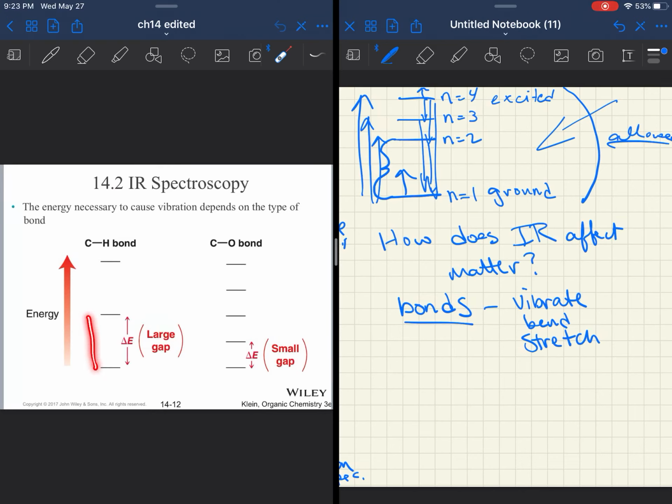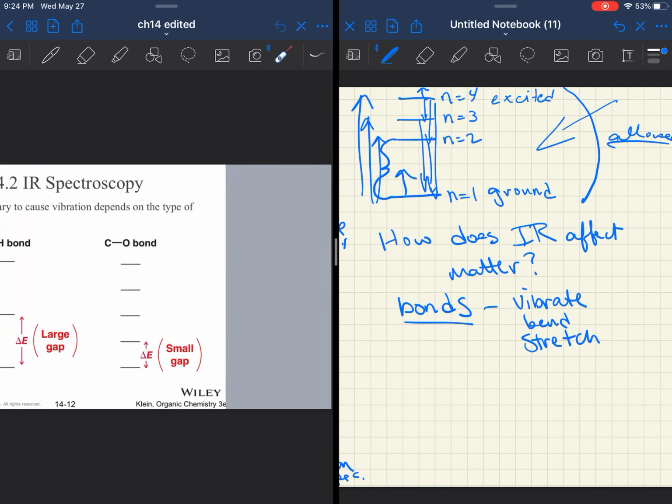The CH bond has quantized energy levels or allowed vibrational states, just like our electrons did. And these gaps, these delta E's, will correlate to a specific photon of infrared radiation. All right, different bonds are going to have different allowed states, different sized gaps, and we use that to our advantage to identify what kind of bonds are present.